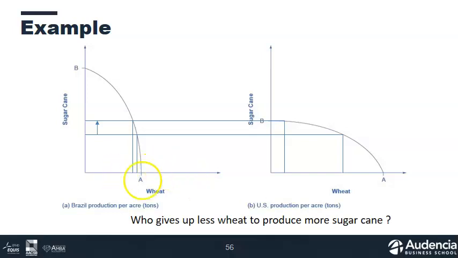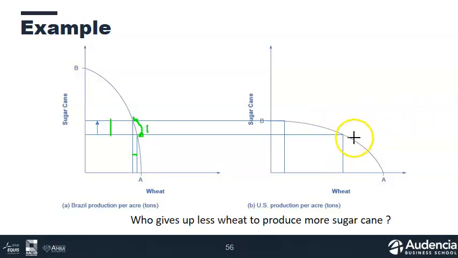Well, if we take a current point, and we're currently at this point here, and we want to move up and produce more sugarcane, move from this point to this point, we can see that in Brazil they give up just a little bit of wheat. If I move from this point to this point, I increase the amount of sugarcane by that amount, and I give up a little bit of wheat.